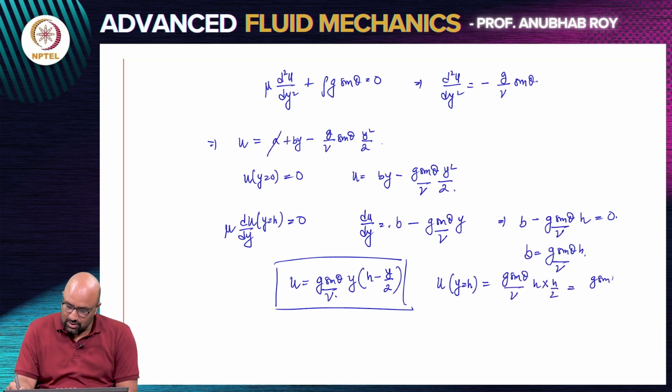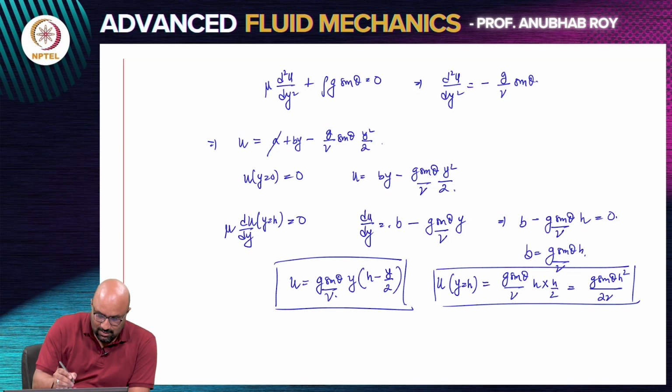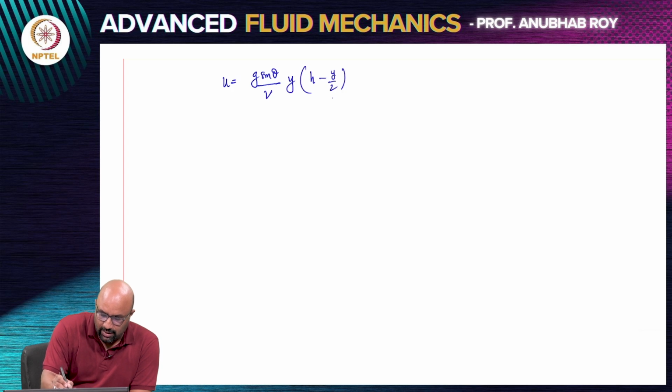So, this is g sin theta h square by 2 nu. You can compute the flux. So, g sin theta by nu y (h minus y by 2).